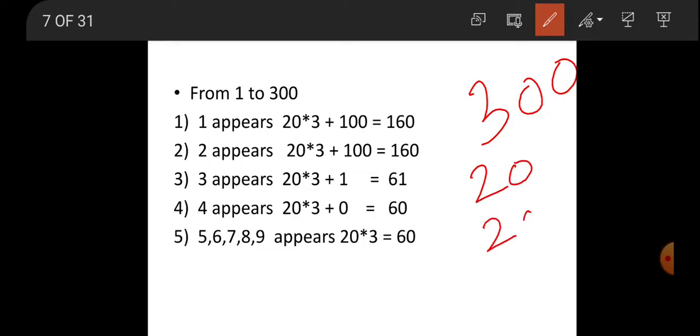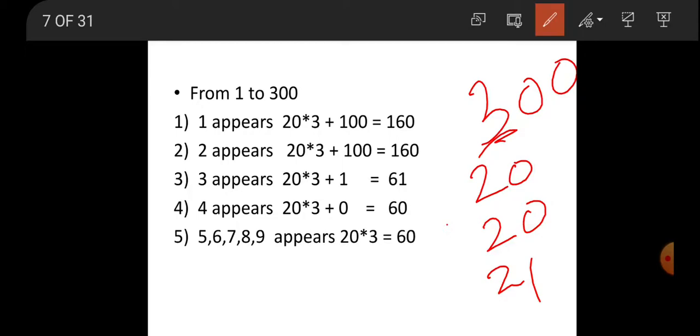In 100 to 200, 3 appears another 20 times, and in 200 to 300, 3 appears 21 times, because there is one 3 in 300. So altogether there are 61 threes while we write from 1 to 300.